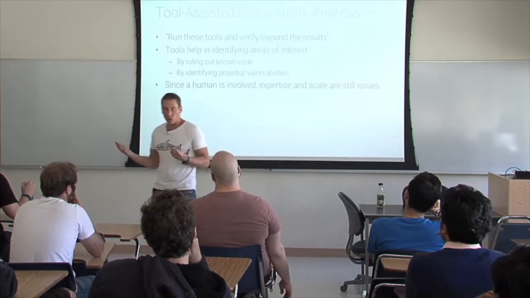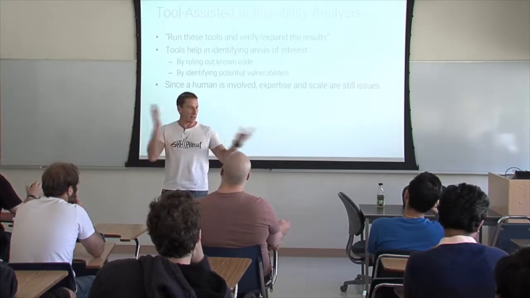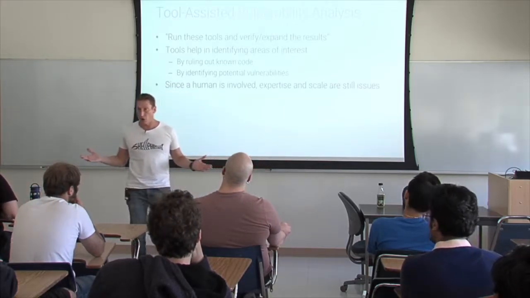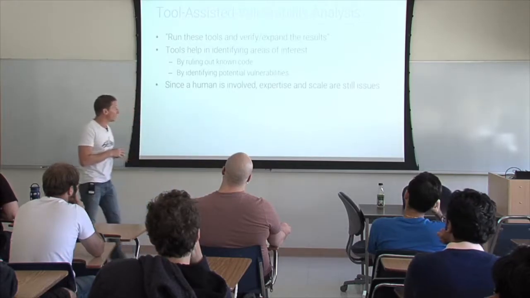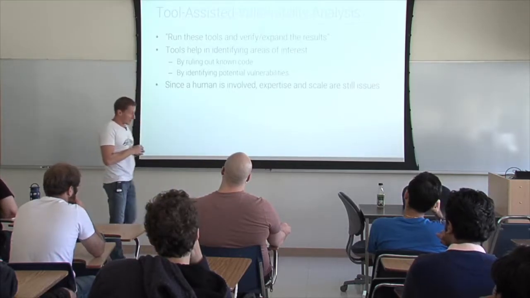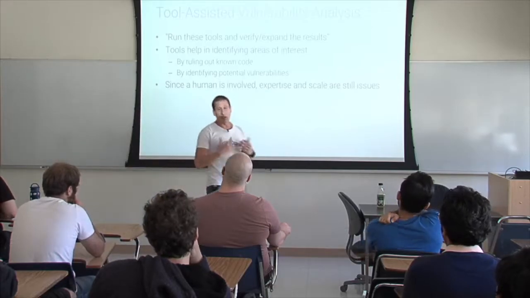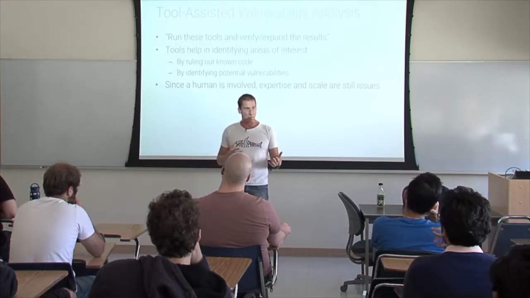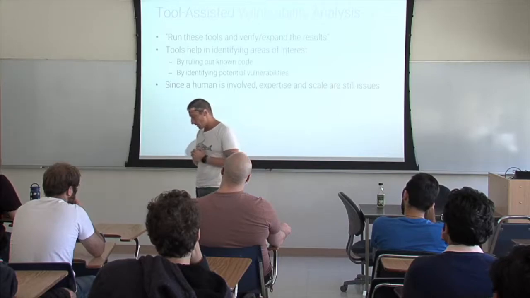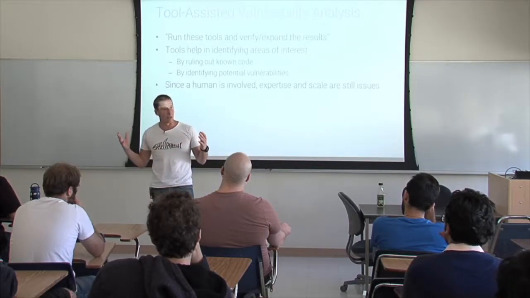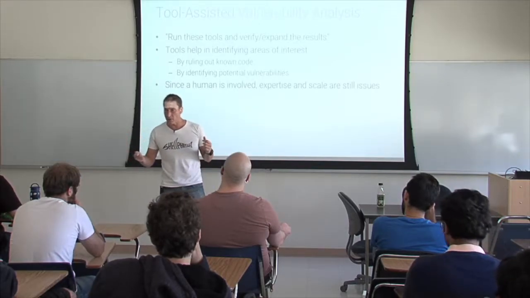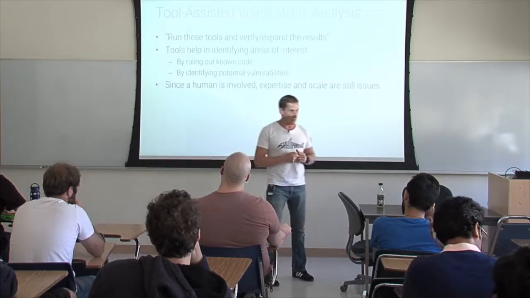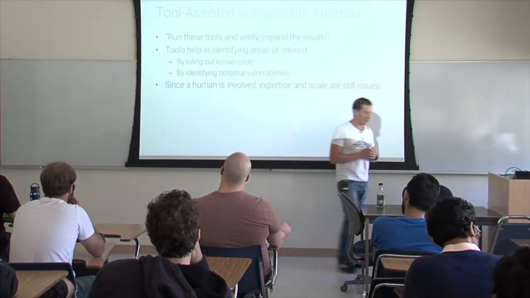Maybe I don't have the exact vulnerability, but instead of analyzing megabytes of code, I can focus on a specific area of interest. But you still need a human, so you can go faster, but you cannot scale by just turning your cloud account up to 11 and seeing things happen automatically.